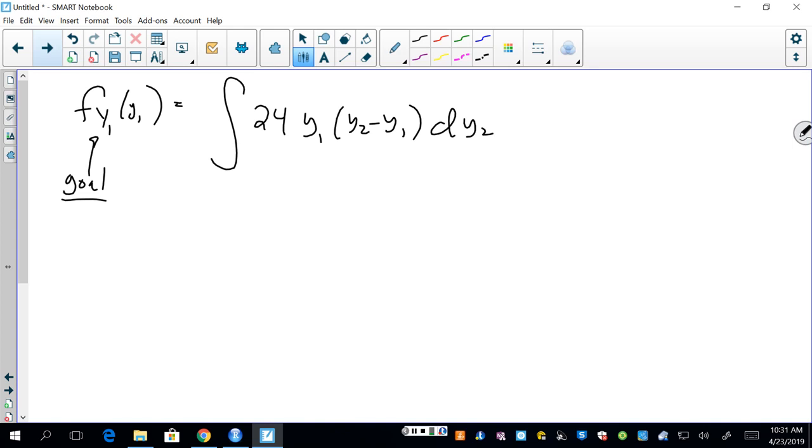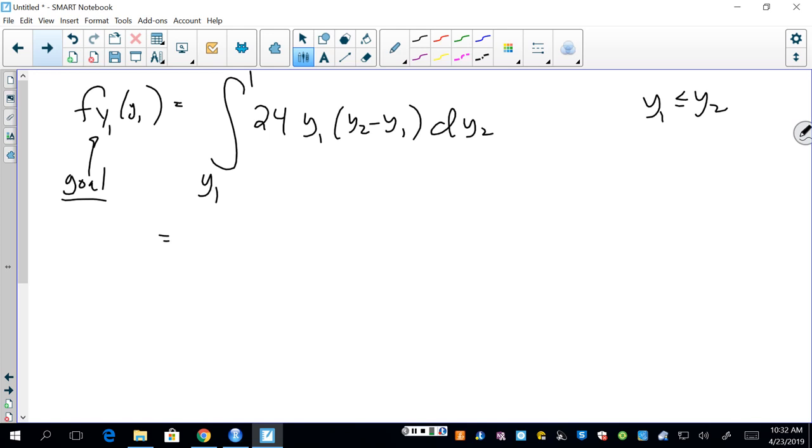The little wrinkle is because these two are related in their range. y2 can go up to 1, but it can't go below y1, because the first one had to be smaller. The first time I did this, I integrated from 0 to 1. You get something that could be negative, but you can't have negatives for a density, so I had to think about why this worked out. The way they're set up, they introduce this little dependence.